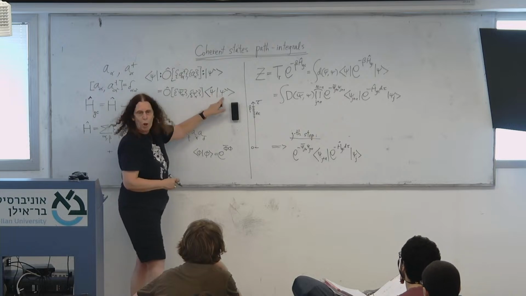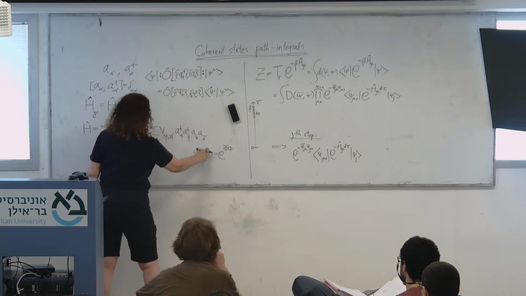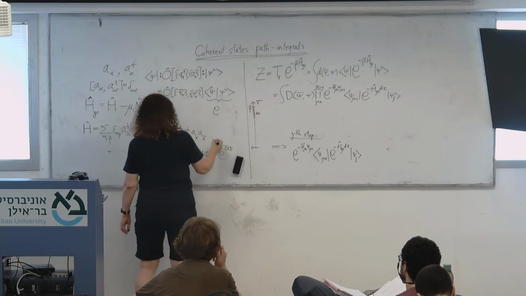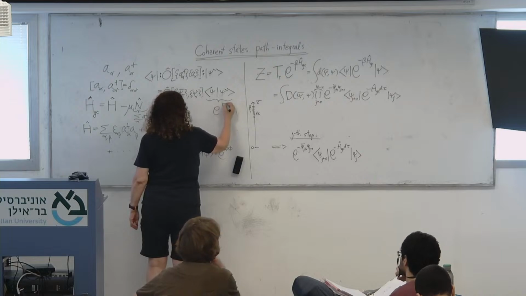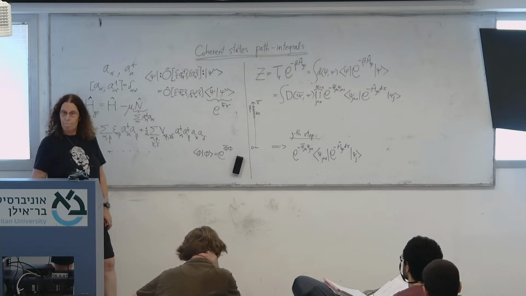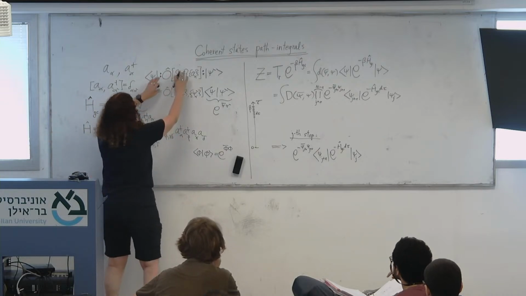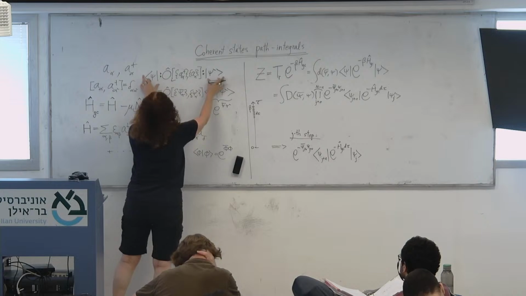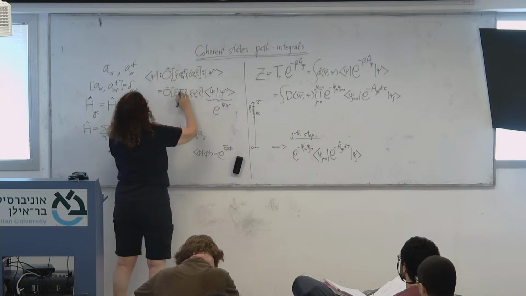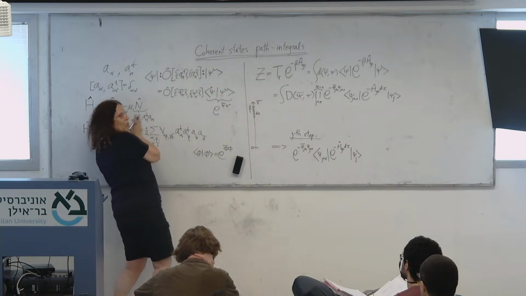And this is not a delta, because it's not an orthonormal basis, but what is it? It's e to the psi bar, psi prime. Is that clear? So again, here I have to calculate a matrix element of some operator, but this operator is normal ordered, and I can expand it as something that has A's on the right, A daggers on the left.